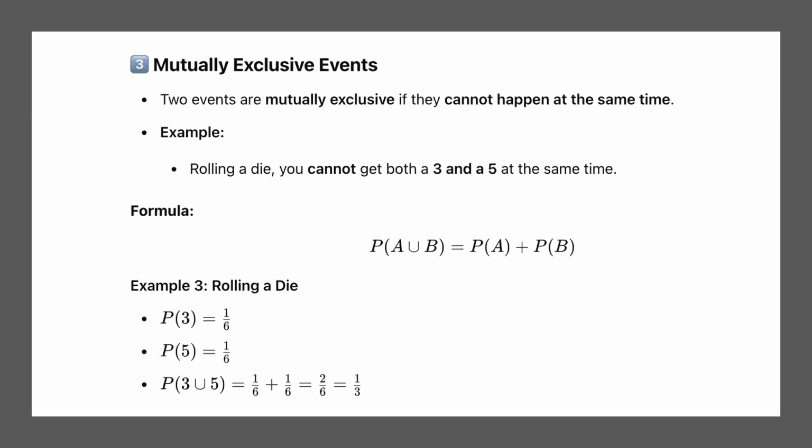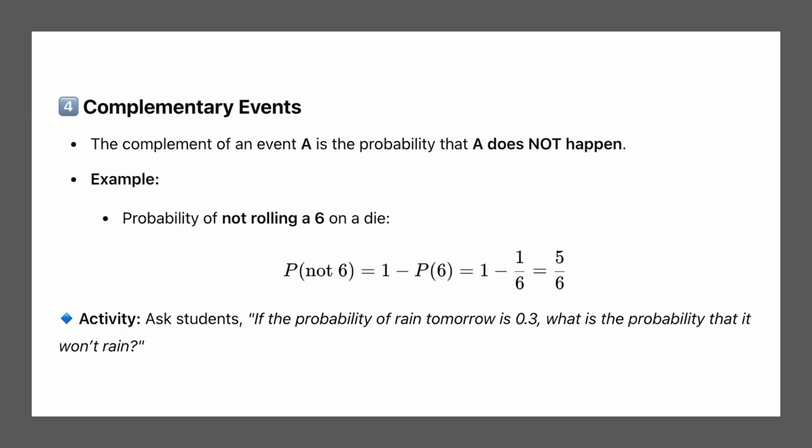Okay, let's move to the next type of event, that is nothing but the complementary events. Anyone want to take a random guess based on the definition? It's very simple. The complement of an event A is the event that A does not happen.